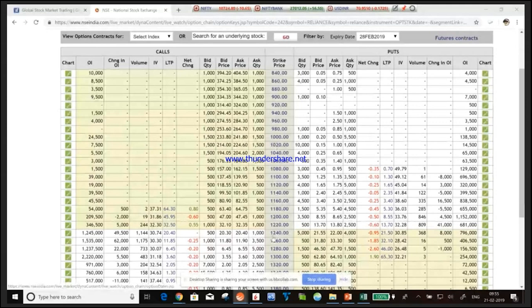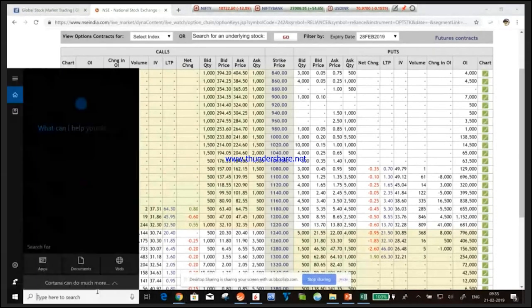So if you look at the at the money strike, how many are these? The OI and change in OI is in terms of number of shares, whereas volume is in terms of number of contracts. So Reliance, each contract is worth 500 shares. So you divide 12,45,000 by 500 to get the number of contracts.